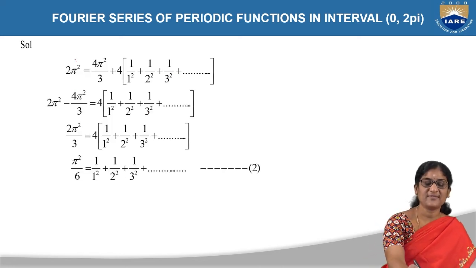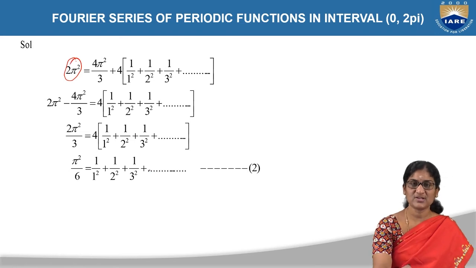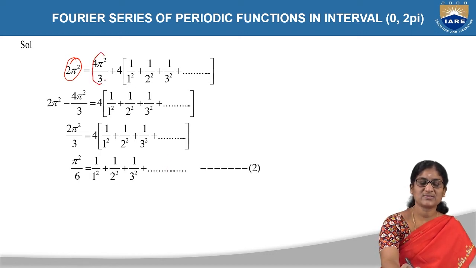Now you substitute on the left hand side, wherever f of 0 is there, 2 pi square. So 2 pi square is equal to 4 pi square by 3 plus 4 into 1 by 1 square plus 1 by 2 square plus 1 by 3 square, and so on. And bring this 4 pi square by 3 to the other side.